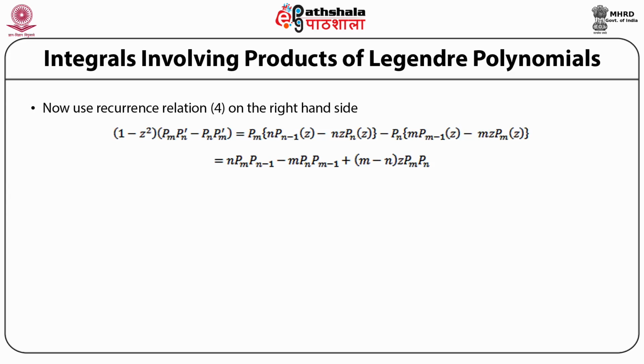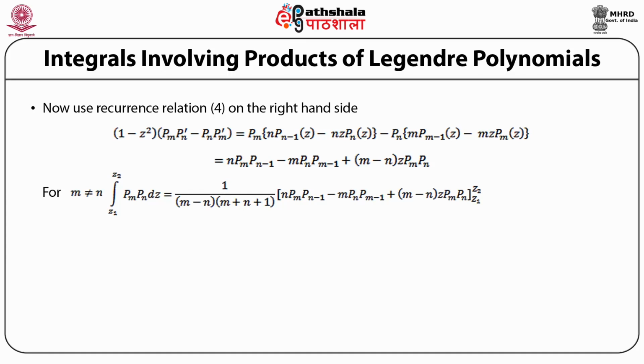This is equal to n Pm Pn−1 minus m Pm−1 Pn plus (m minus n) z Pm Pn.